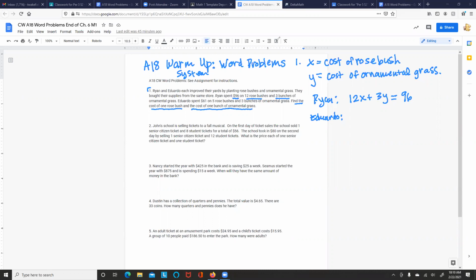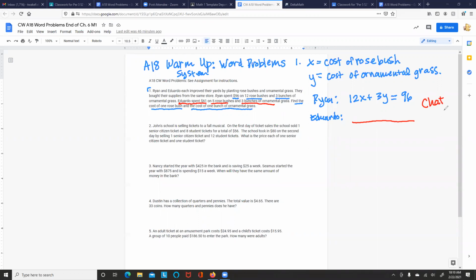Okay, you go ahead and write the second equation for Eduardo, guys, right here, because I did the first one as a model for you. Eduardo spent $61 on 5 rose bushes and 3 bunches of grass. So go ahead and write Eduardo's equation, and do me a favor and put the answer in the chat, please. Put the answer in the chat when you're finished. Private chat, don't put it to the whole class, please.